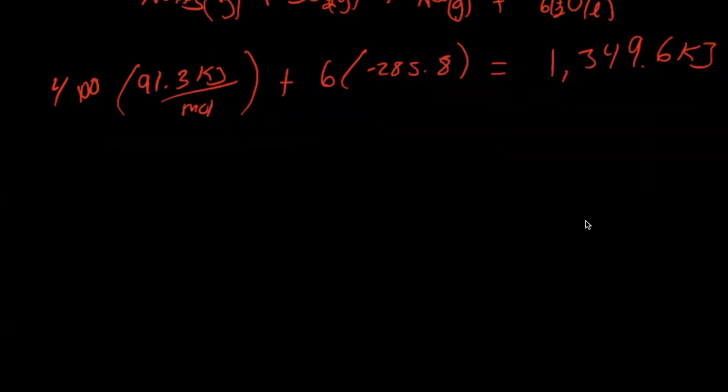So the enthalpy of the reaction will be negative 1349.6 kilojoules minus negative 183.6 kilojoules. So the answer would be negative 1166 kilojoules, and this is the delta H of this reaction.